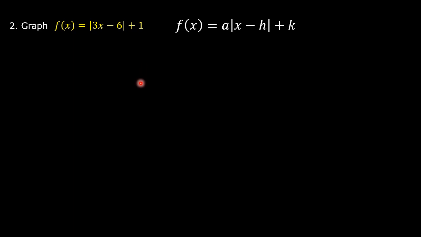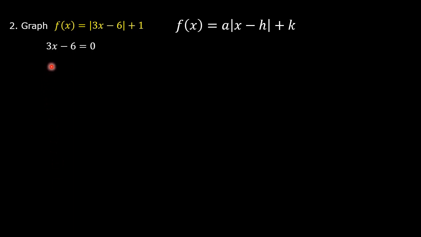The first thing to do is to solve for the vertex. The x-coordinate of the vertex is the value of h, and the y-coordinate, the value of k. We are going to equate 3x minus 6, the expression inside the absolute value symbol, to 0, and then solve for x.